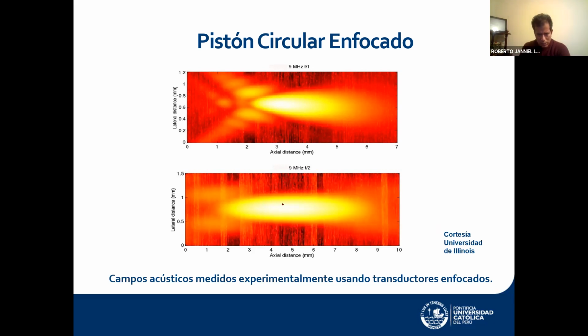The beam at -6 dBs or something like that is something like this, which if you read the vertical scale, is probably 0.1 millimeters, like 100 microns, which is remarkably small. These are experimentally measured fields. It's remarkably small compared to anything.